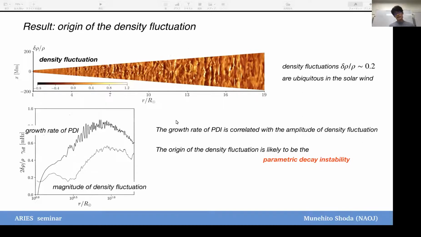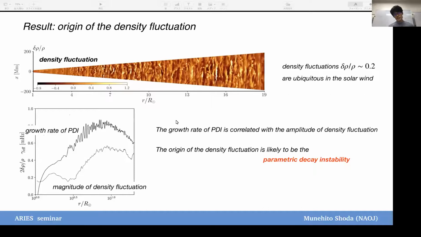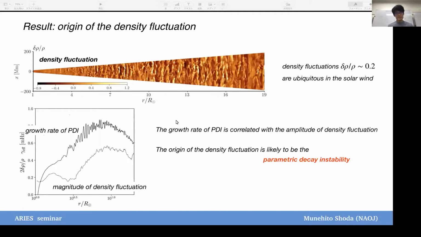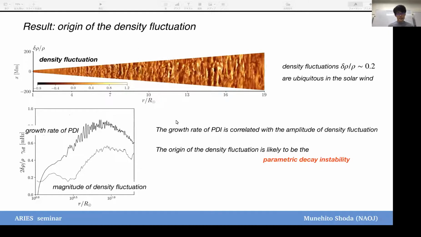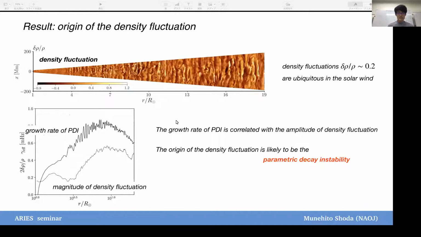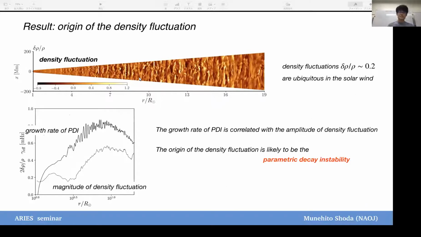So the PDI does occur in the simulation domain. And as a result of the parametric decay, we have not very large, but non-negligible magnitude of density fluctuation inside the solar wind.